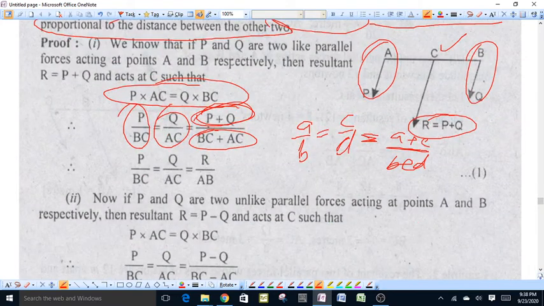Here P plus Q is equal to R and BC plus AC is equal to AB. Therefore, P upon BC, Q upon AC is equal to R upon AB.